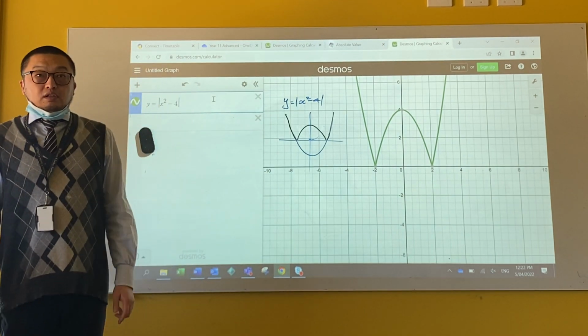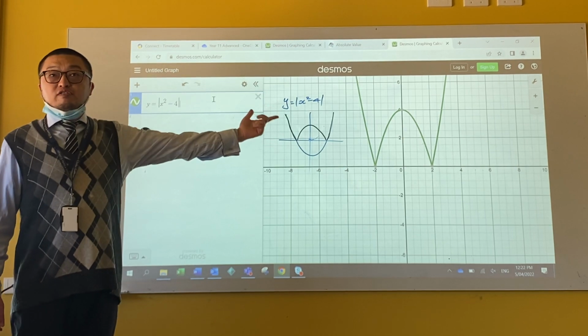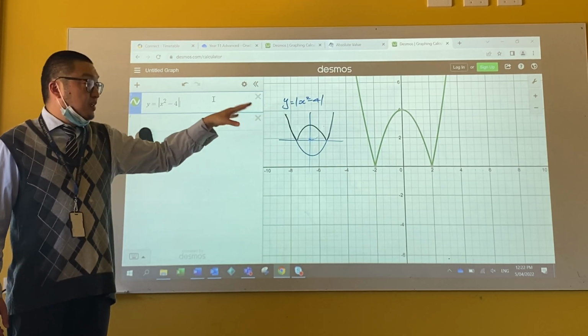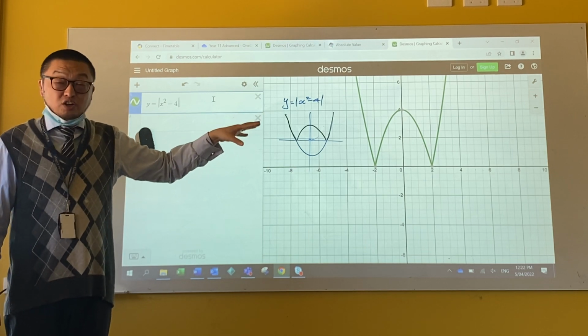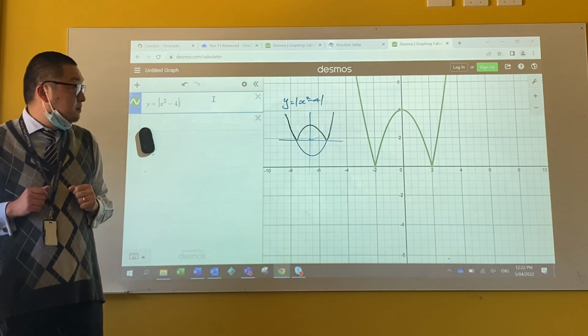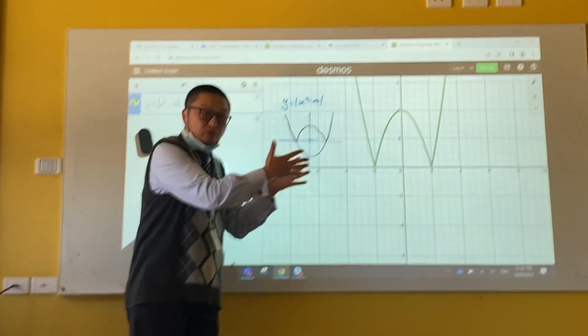I'm not going to continue here because you'll do heaps of this next year. Only this one is Extension 1, but all the rest of them today is examinable.